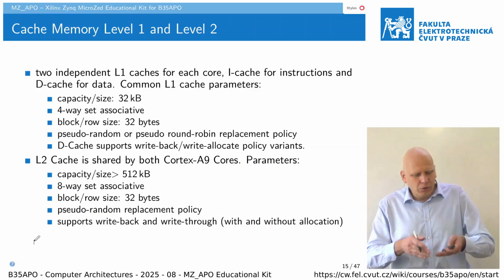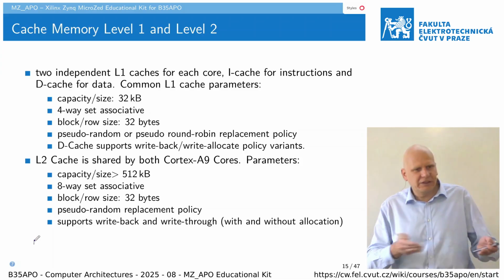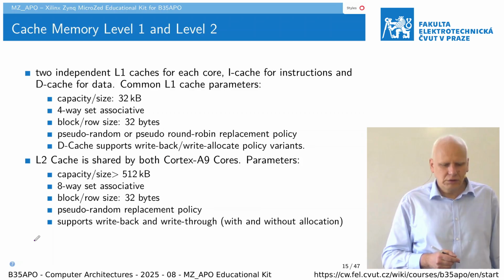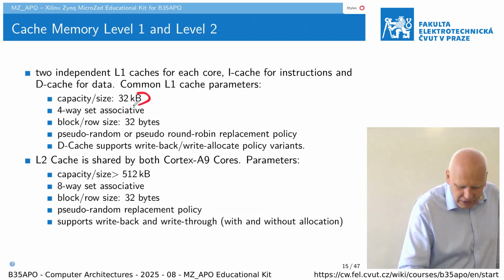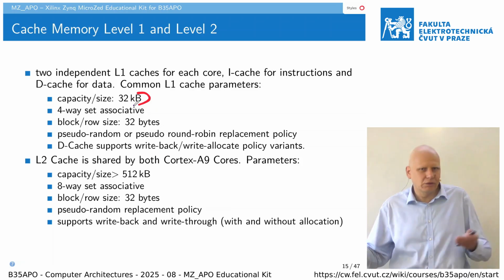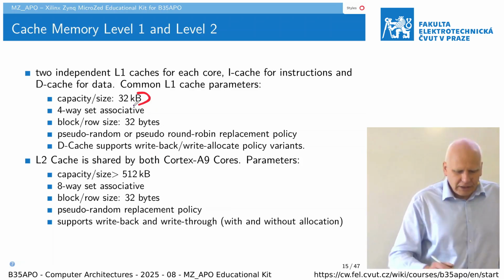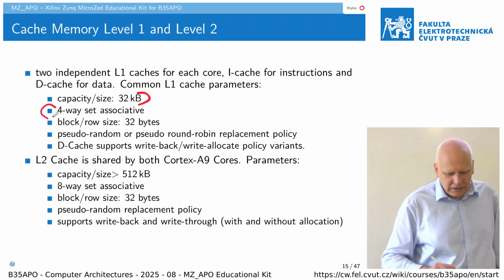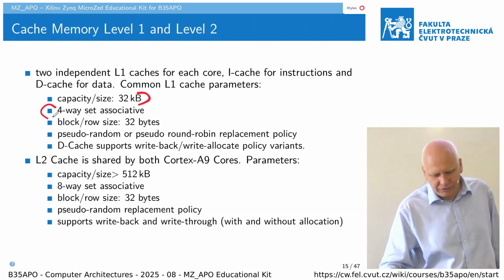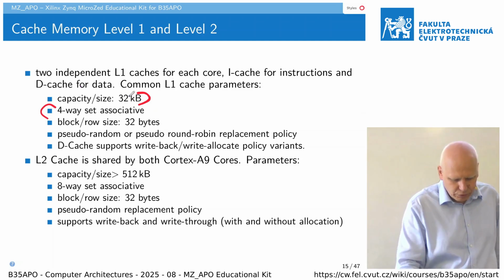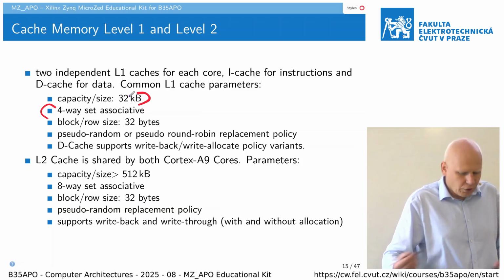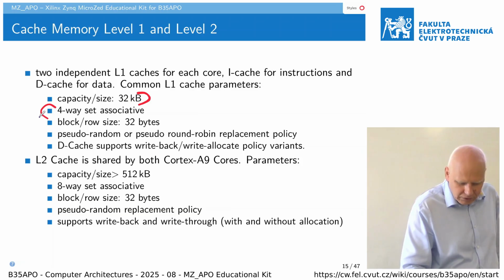And if we look into the caches, to match with your knowledge from the lecture, the capacity of L1 is 32 kilobytes, which is similar even to x86 chips. It is 4-way associative and separate for instructions and for data. So we have 2 caches for each core, and 2 cores, so 4 blocks in all.